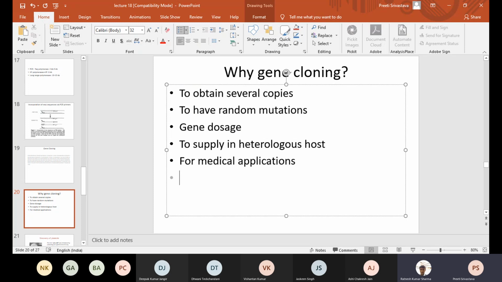Ma'am, more than that, what can be there, just for experiments? So we have more copies, and more than that, what can be? I said that gene cloning is for obtaining several copies, and all the things are there.